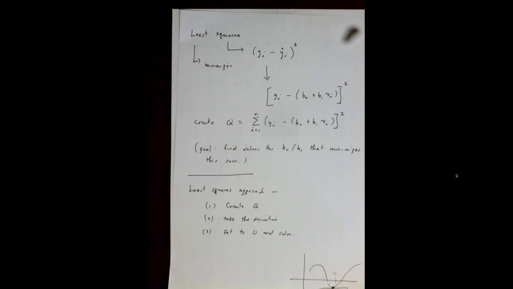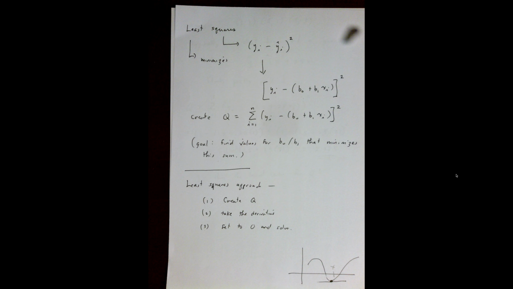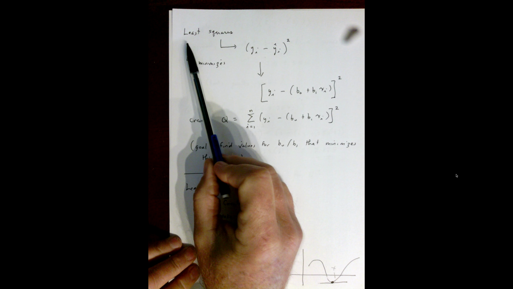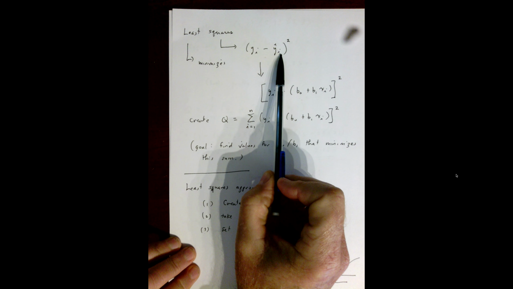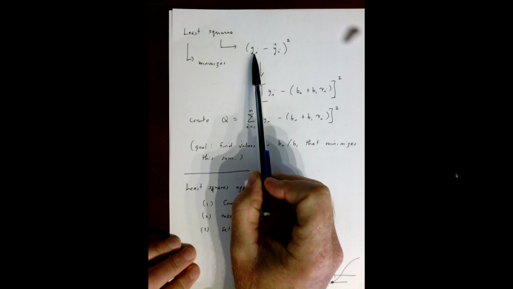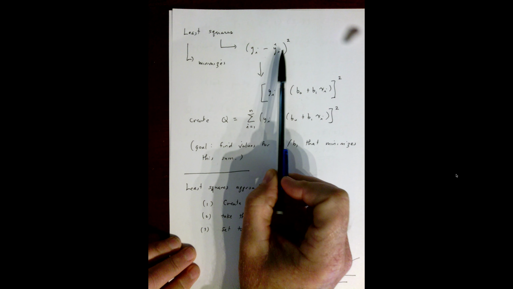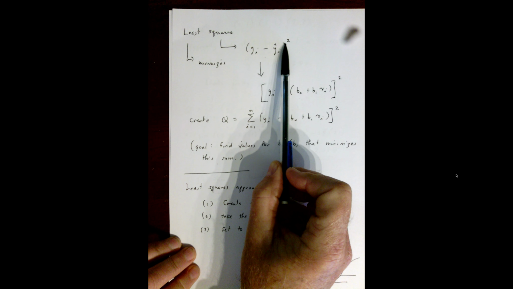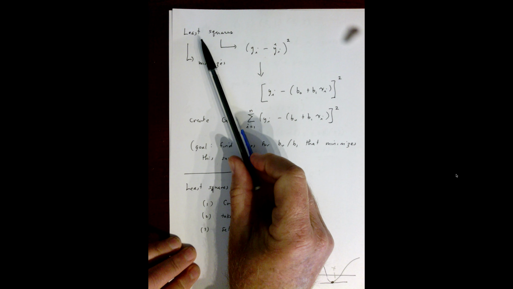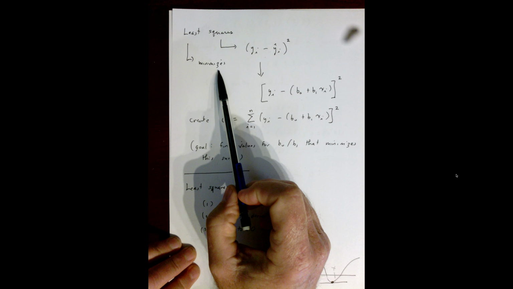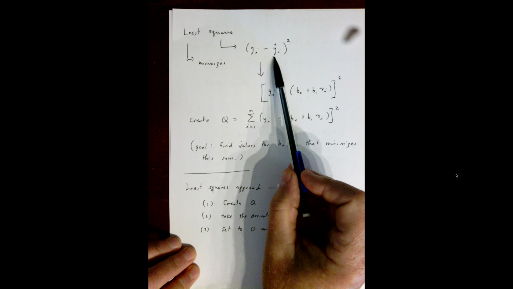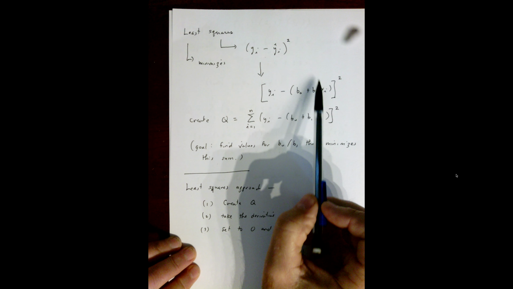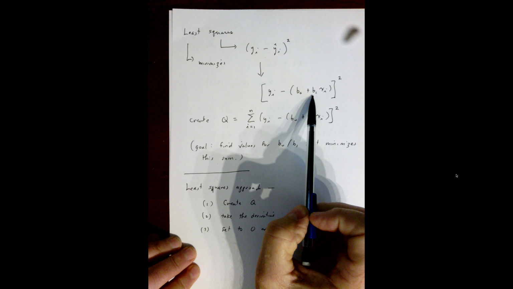Now, gang, the least squares approach is two parts. The squares part is just the error squared, so it's the residual, the observed y minus the predicted y, squared, and the least part of that says that we're going to minimize that. So we know that y hat sub i is the same thing as b0 plus b1 x sub i, right?